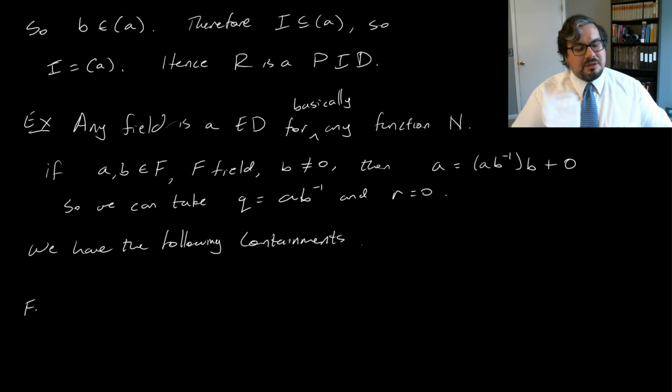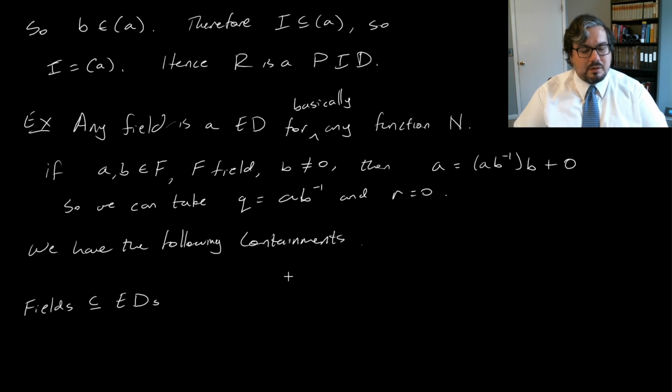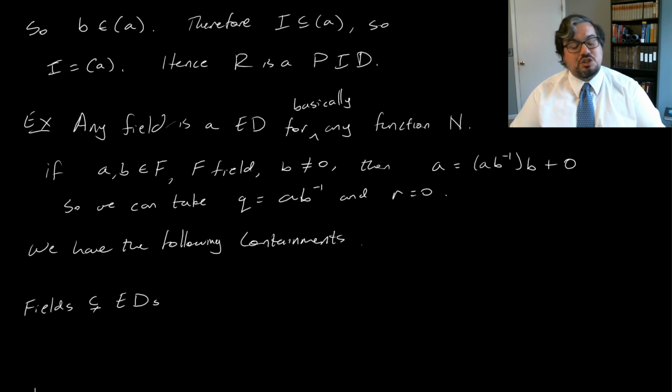What we just showed is that all fields are Euclidean domains, and this containment is strict because we have examples of Euclidean domains that are not fields, such as polynomial rings over fields.